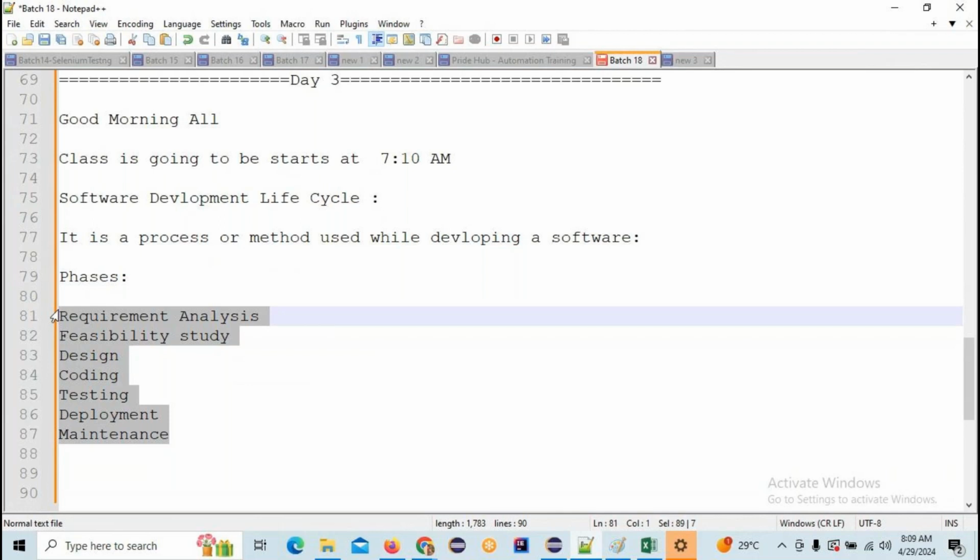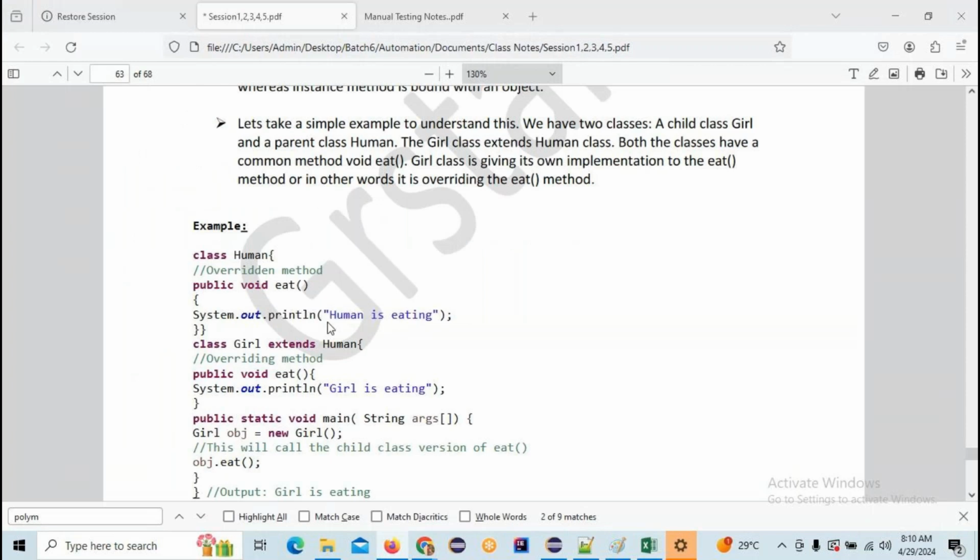The ingredients are the same for all the biryanis, but the way of cooking is different. In a similar way, the phases will be the same for all the models, but the way of using these models will be different. Okay, let's see one by one. So how many types of models do we have?